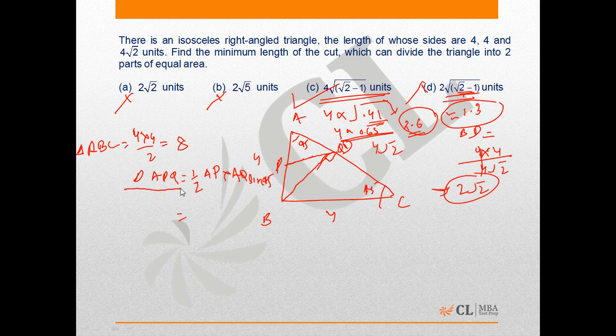And we know that the area of triangle APQ is half of the area of triangle ABC. Therefore 4 is equal to 1 by 2 AP into AQ into 1 by root 2. From here AP into AQ will be 8 root 2.